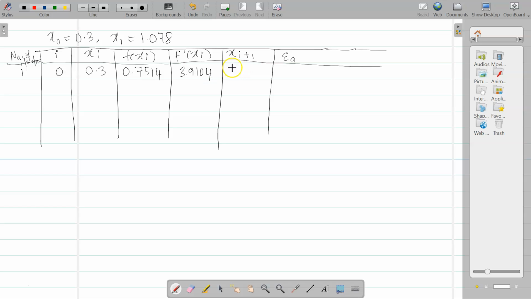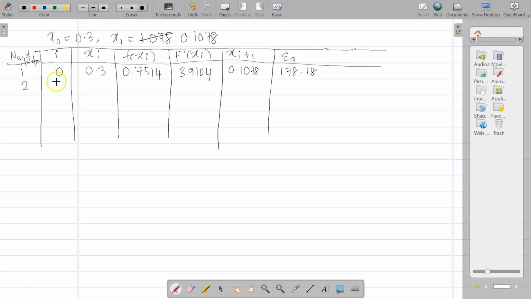And then we compute xi plus 1, that is x1, we got 0.1078. And then previously we computed epsilon A, we got 178.18%. Based on this, we need to increase our iteration because this is just the first iteration, and the question asks you to do up to 3 iterations.